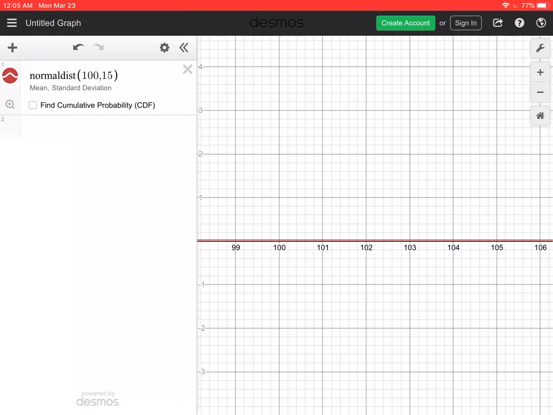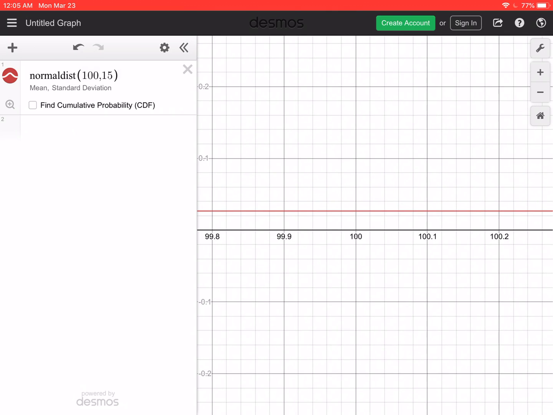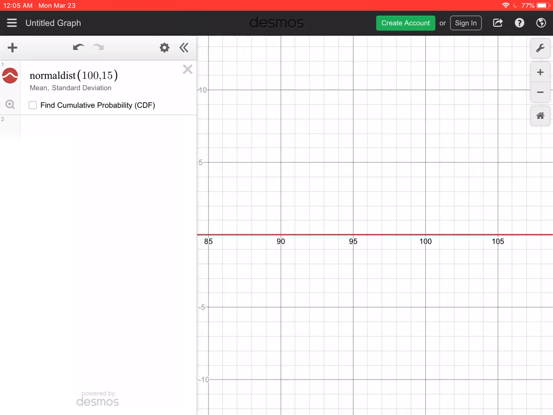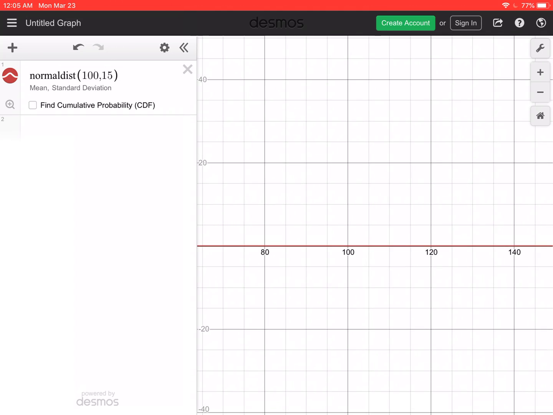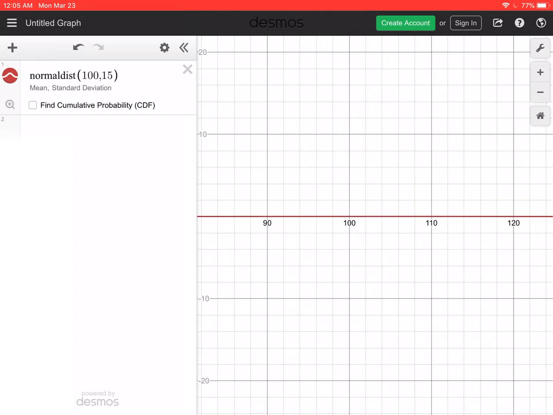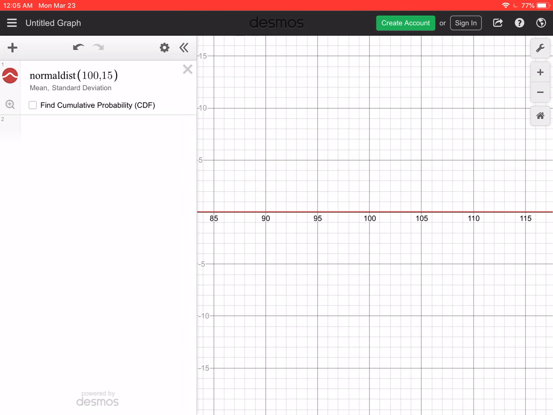I zoomed out too much, it's very hard to see. So you can see this isn't particularly helpful because now you can't even see the curve anymore, right? In order to see that it's so flat, because the standard deviation is 15, so that means one standard deviation is right there, between 85 and 115. That would be one standard deviation.